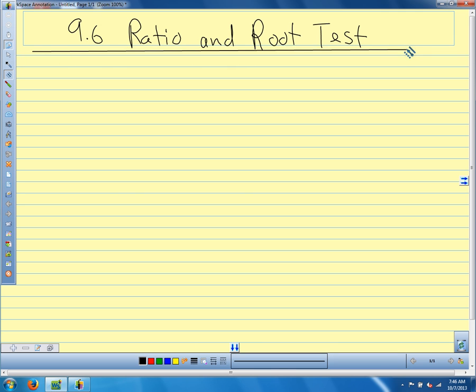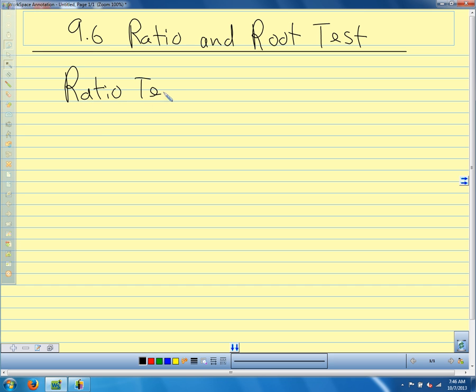We're in section 9.6. We're going to talk about the ratio and the root test. So for the ratio test, all we need is the sum, an infinite series, a sub n, and this is a series with non-zero terms.